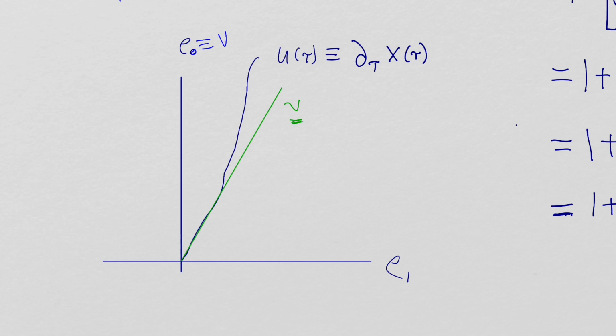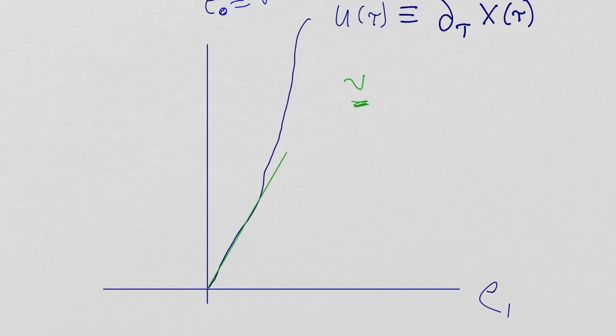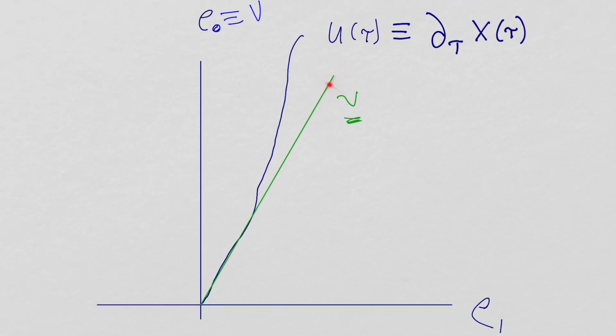This green line here is the world line of the observer. And that world line's velocity is constant velocity v. And it's this observer that's observing this particle here, this particle moving with world line x. And we're interested in the quantities between these two.